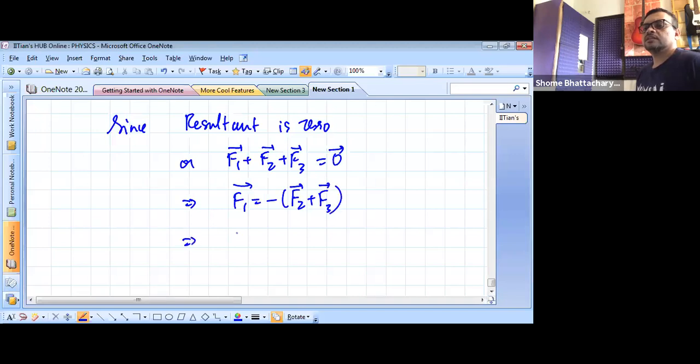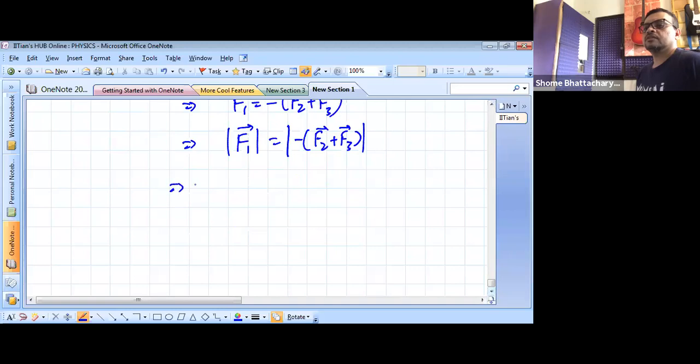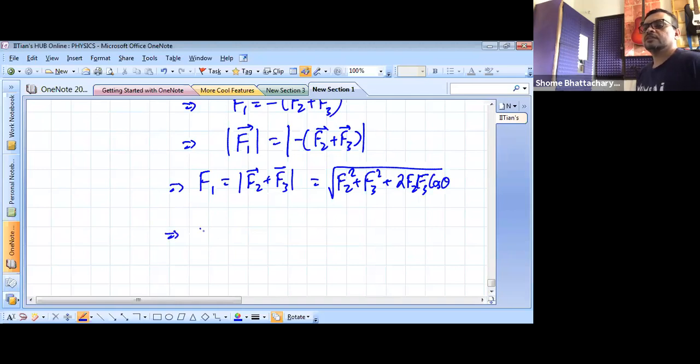Or we can say that F1 has a magnitude equal to mod of F2 plus F3. So that is equal to, by triangle law, root of F2 square plus F3 square plus 2F2F3 cos theta. Now given this was 100 and those were 80 and 60, just substitute.